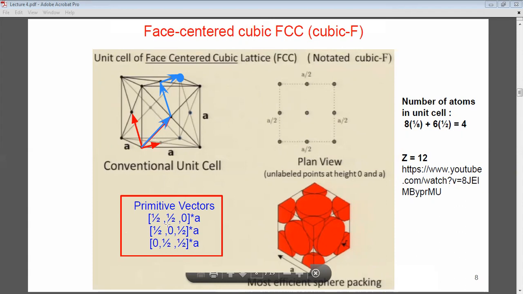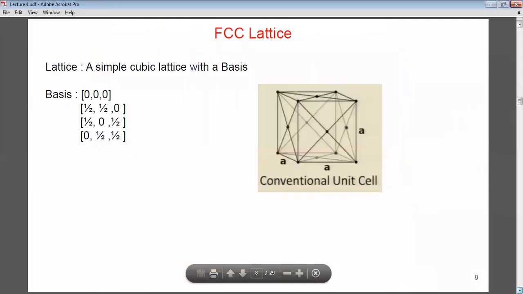Again, as with the BCC lattice, why are we talking about a conventional unit cell that has 4 atoms and 4 lattice points, and not looking at a primitive unit cell that has only 1 lattice point?